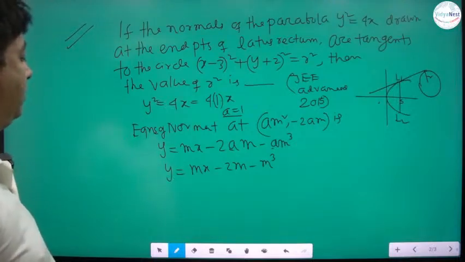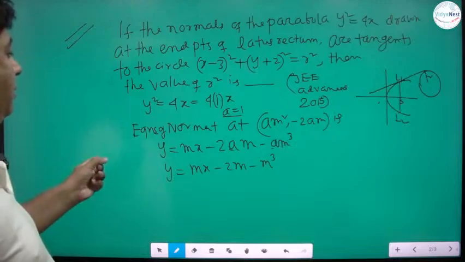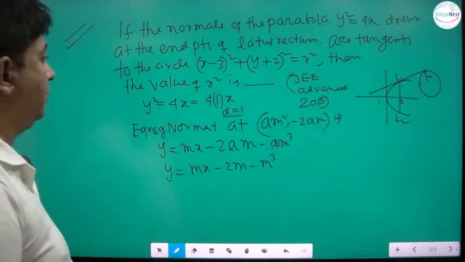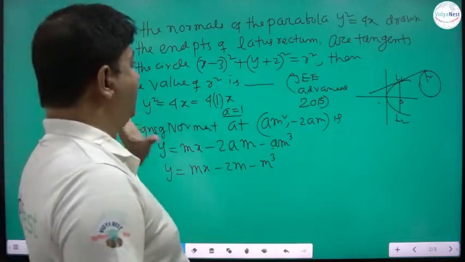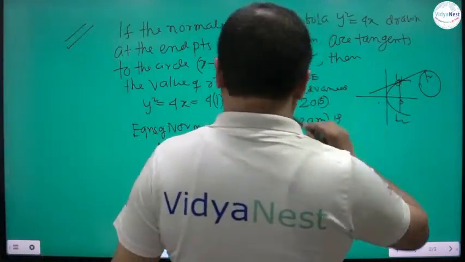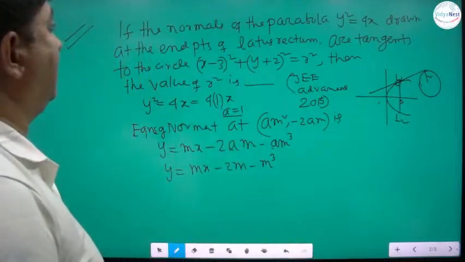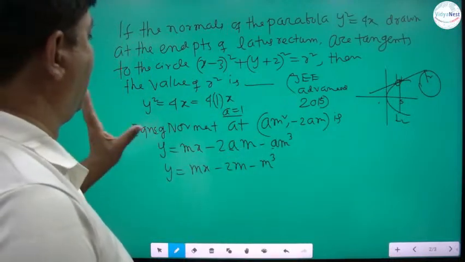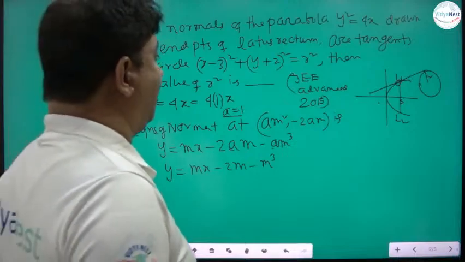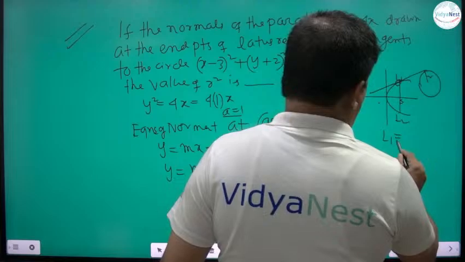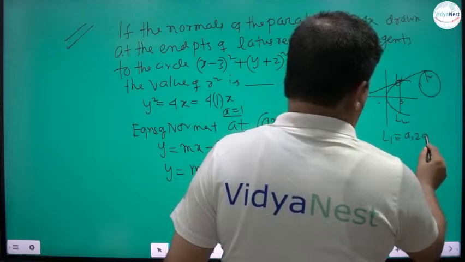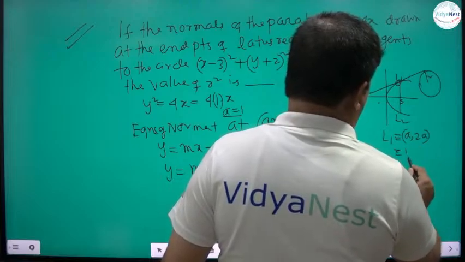Now this will touch the circle, the normals at the parabola drawn at the end points of the latus rectum. So what is the latus rectum? We know L1, we are taught the formula (a, 2a), here (1, 2).